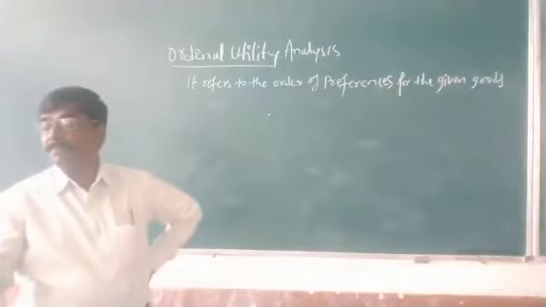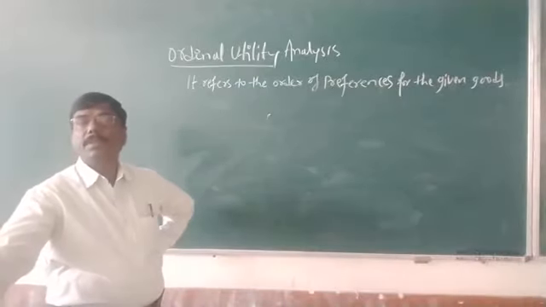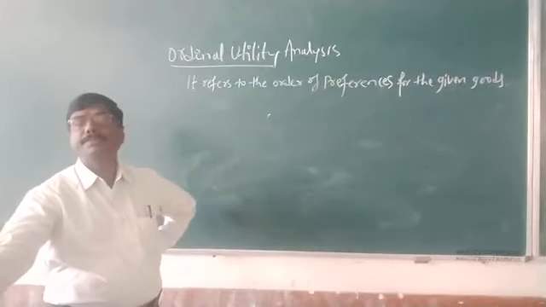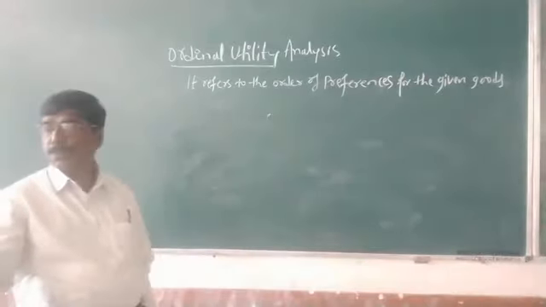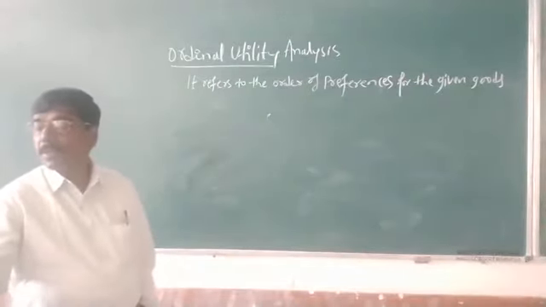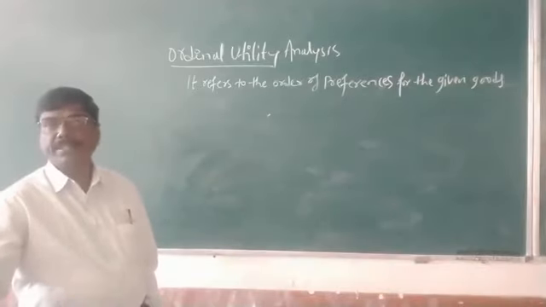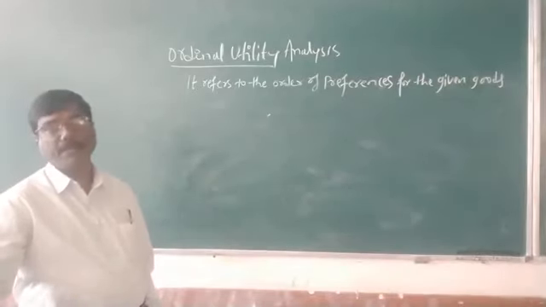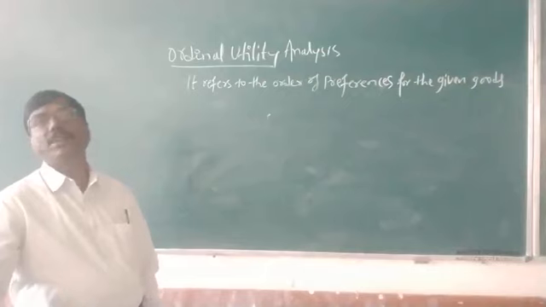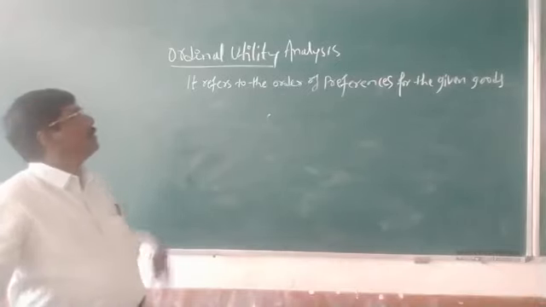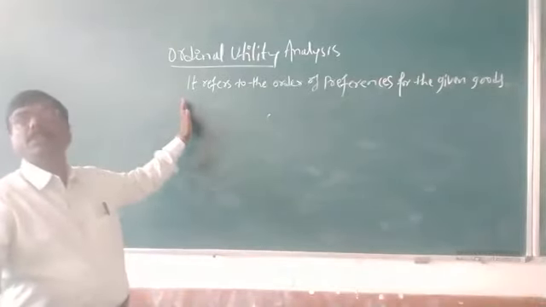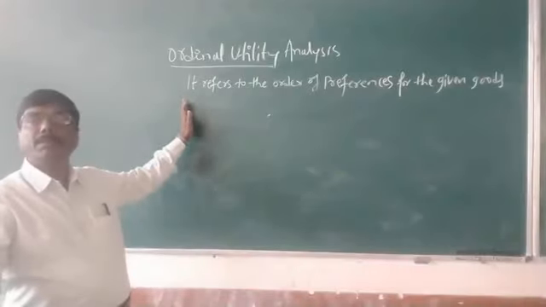So here, if a consumer consumes goods, he can compare satisfaction. He cannot express satisfaction in terms of numbers or cardinal numbers. In this concept, the consumer can compare utility derived from goods.